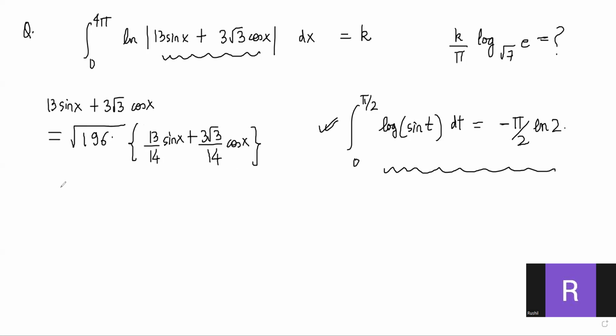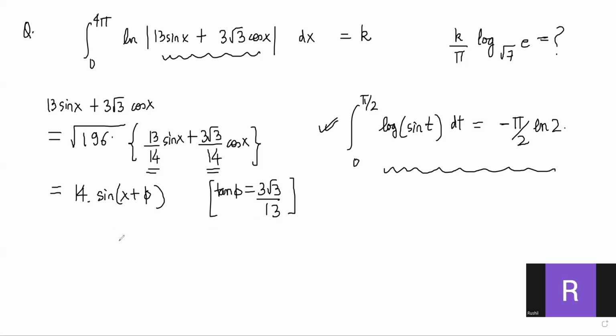So it is 14, and now you can call this as cos phi and this is sin phi. We are getting sine of x plus phi. What we have is tan phi is 3 root 3 by 13.